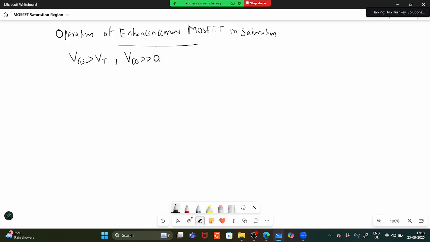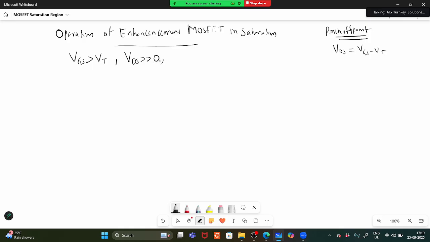Such that, as we discussed yesterday about the pinch off point, what is the condition for the pinch off point? We already saw that the pinch off condition is VDS equals VGS minus VT.